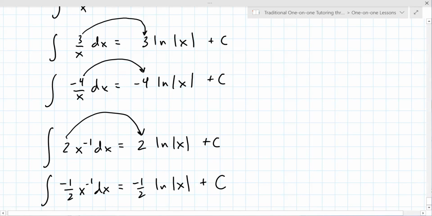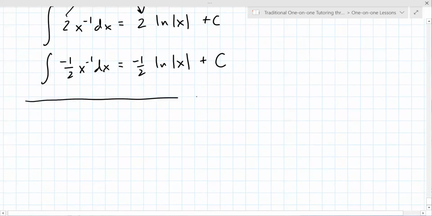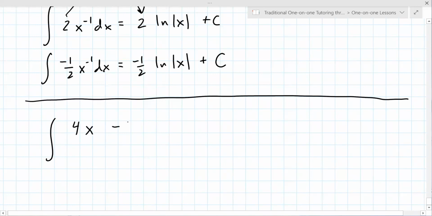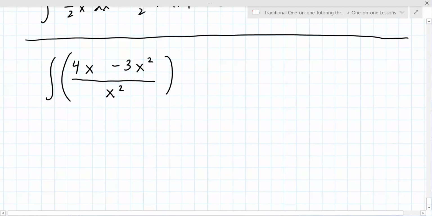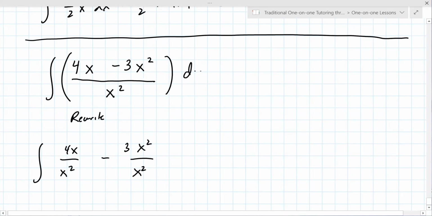Okay, so let's see if we can apply that to a final problem or two. Let's say it's the integral of 4x minus 3x squared over x squared. So the rewrite is 4x over x squared minus 3x squared over x squared dx.